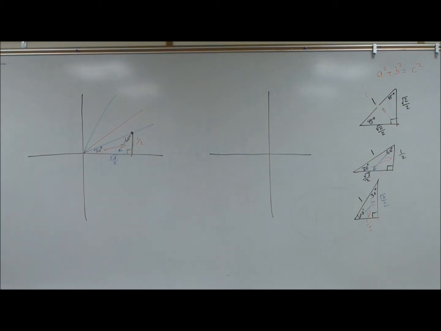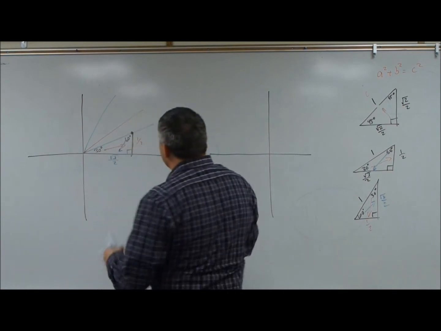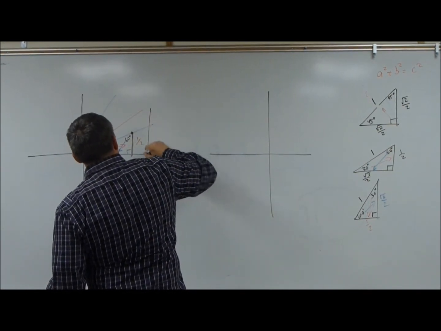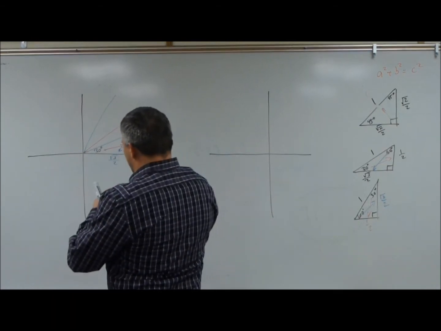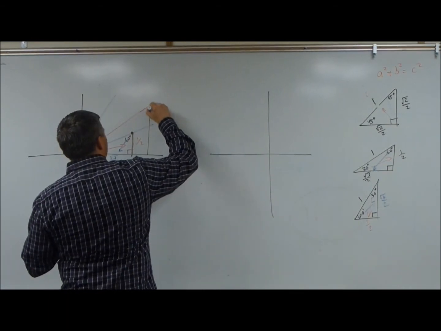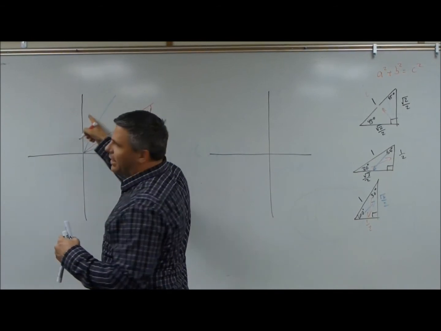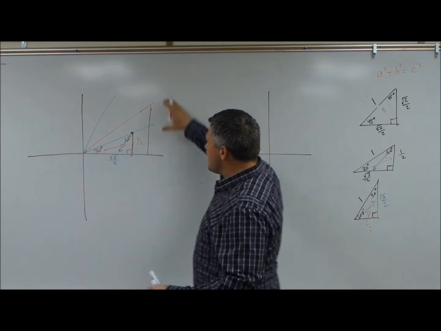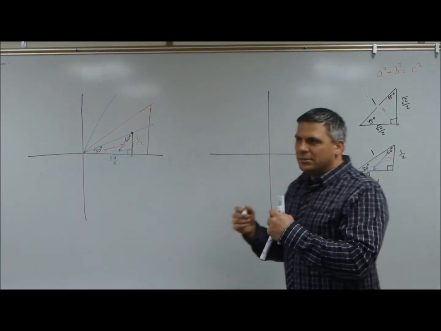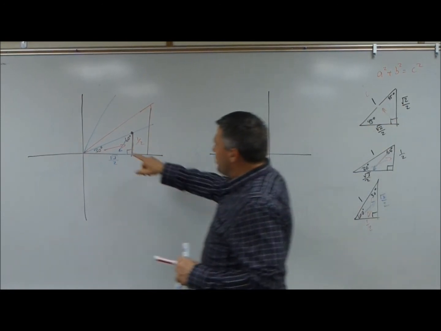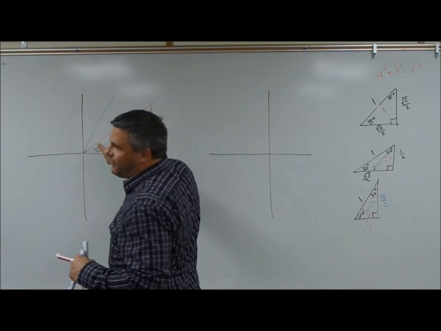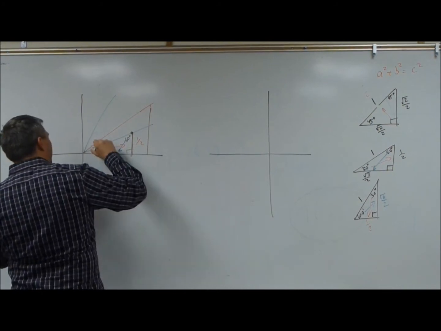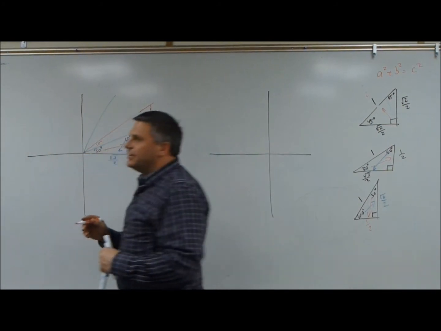Then if I do the same thing out here, I want to see what's going on, so I'm going to take it out further. Typically we just go around the same circle and make a unit circle, but I'm going to take it up so you can see it a little better. What do we get here? We got 45 degrees, so this is 15, and 15 and 30 is 45.